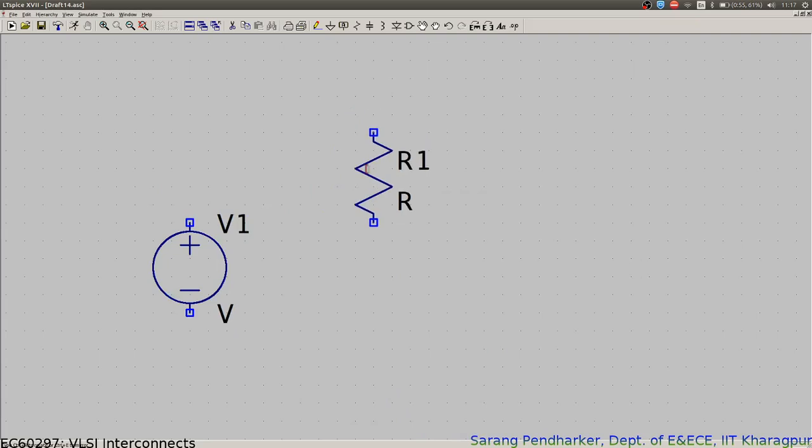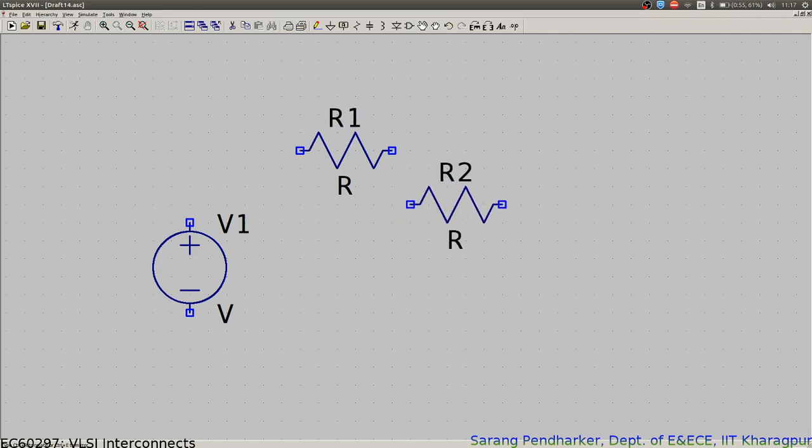There are also shortcuts here, and hotkeys associated with them. Since I have been using it for some time, I am familiar with it. For example, if I press R, I get a resistance, and if I press C, I get a capacitance, and I place it there.